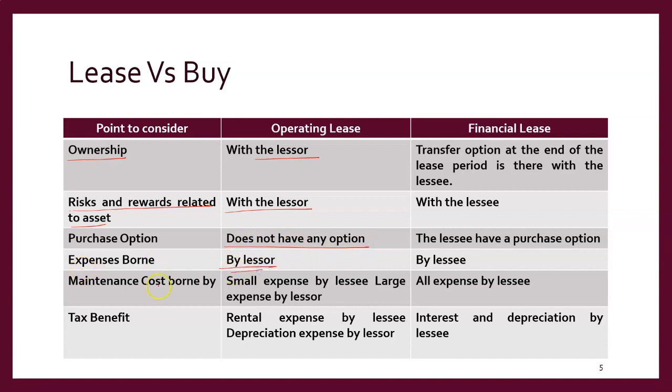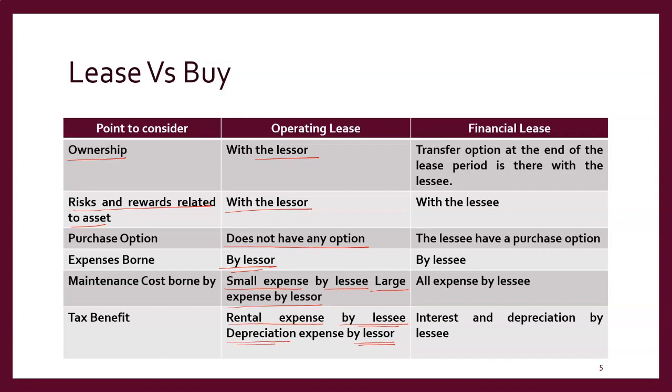Any maintenance cost, if it's a small expense, will be taken care of by the lessee, but any large expense has to be taken care of by the lessor. The tax benefit accrued here is on the rental expense paid by the lessee. Any depreciation on the asset will be taken by the lessor.